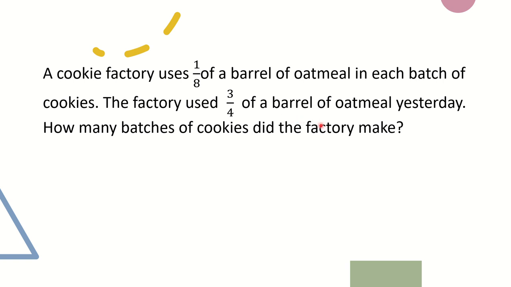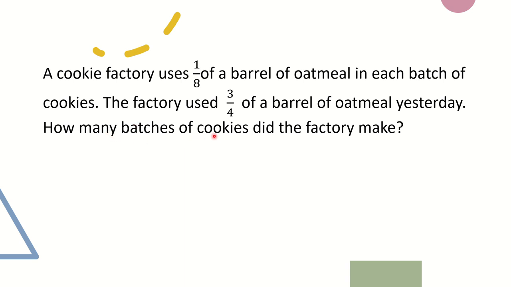Next, let's look at 2 word problems to help us better understand this concept. Let's see if we can identify any key words or key information that we would need. A cookie factory uses 1/8 of a barrel of oatmeal in each batch of cookies. The factory used 3/4 of the barrel of oatmeal yesterday.